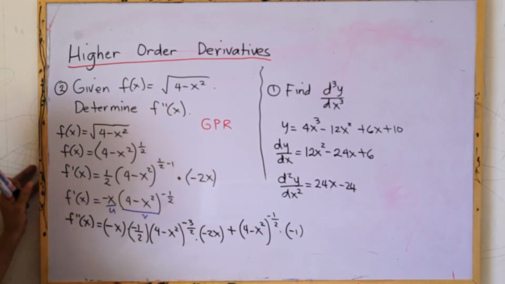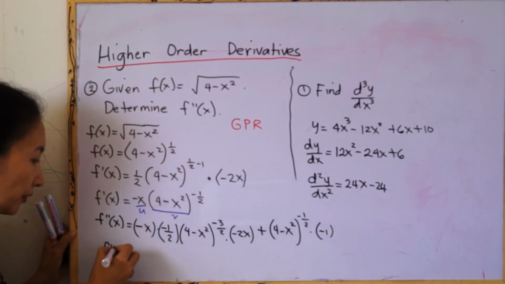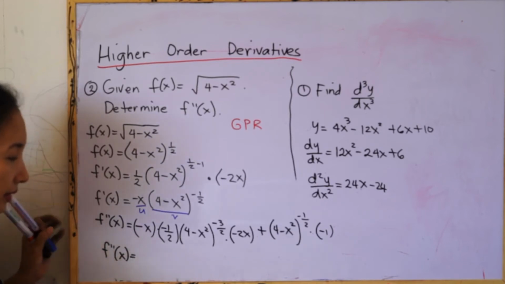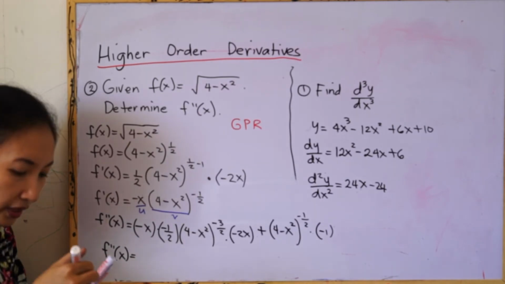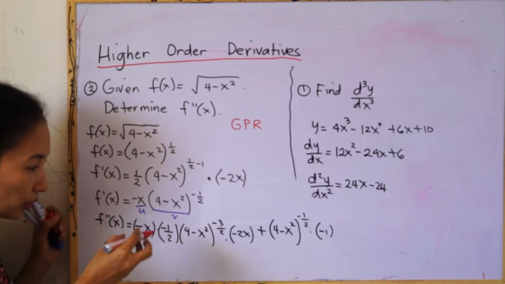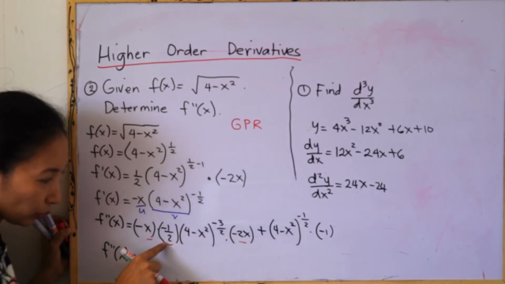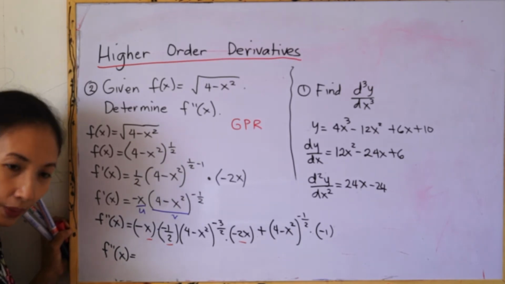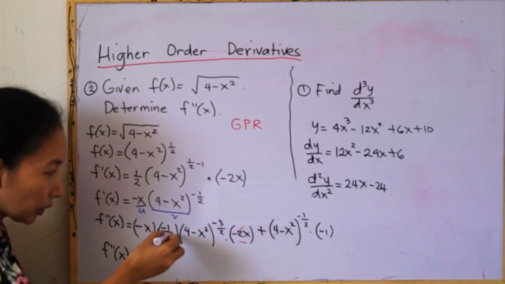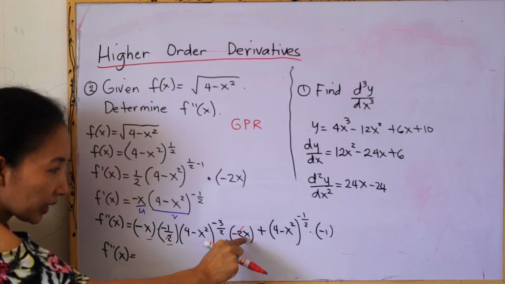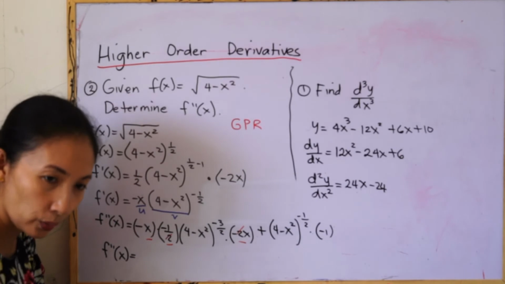Now, let's continue simplifying our answer, f double prime of x. Which factors can we multiply? Look at this and then this. What happens with negative 2 and negative 1/2? They will cancel out. Negative 1 times negative x is positive x, times negative x is negative x squared.